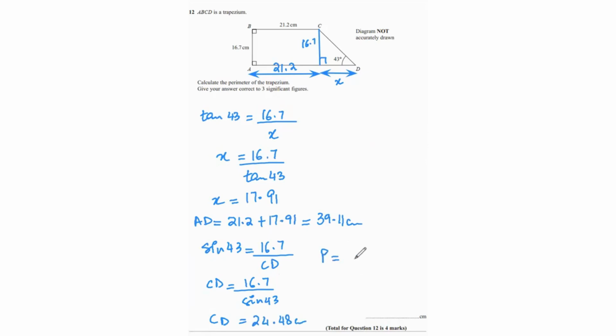So now the perimeter is going to be 21.2 plus 16.7 plus 39.11 plus 24.48. And that gives us 101.49 centimeters. We want the answer correct to three significant figures. That's going to be 101 centimeters square. That is your final answer.